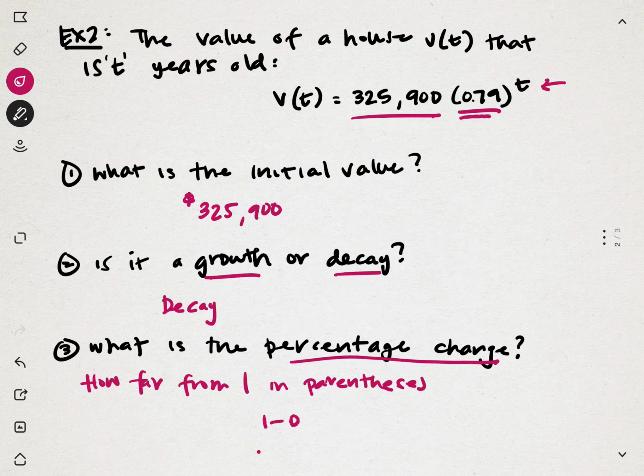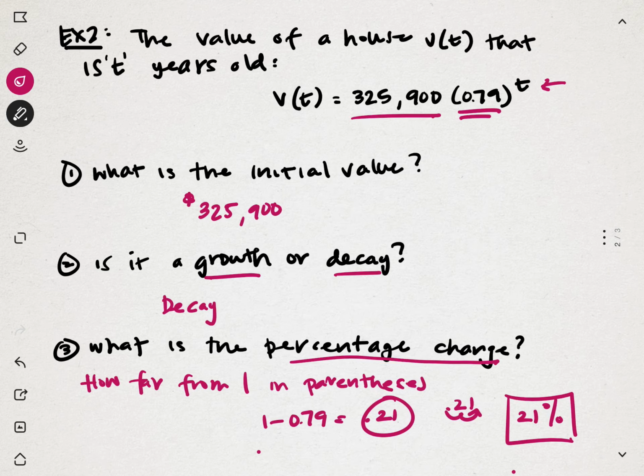Well, we do 1 minus 0.79, and that would give us 0.21. Now the percentage though, we have to convert 0.21 to percent. So I'm going to take 0.21. This time, because we're going from decimal to percent, we move to the right. So this is going to be 21%.